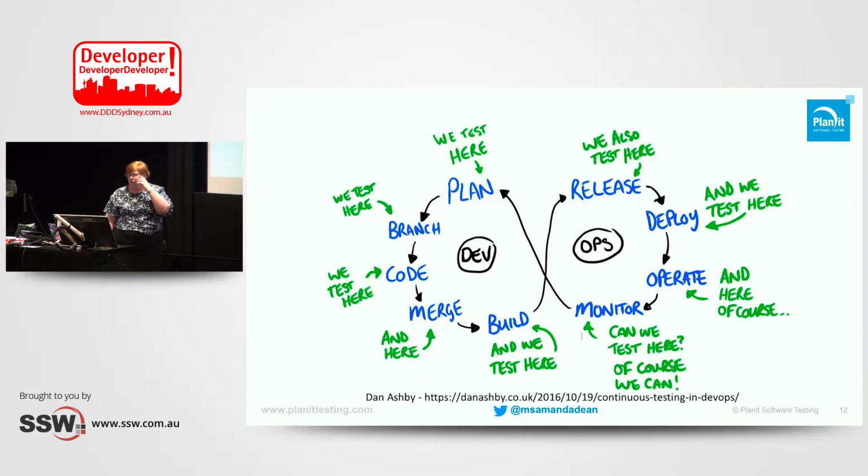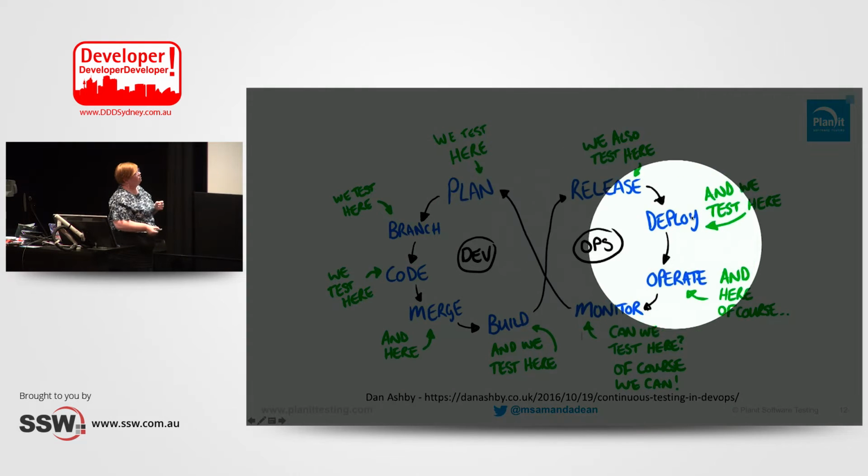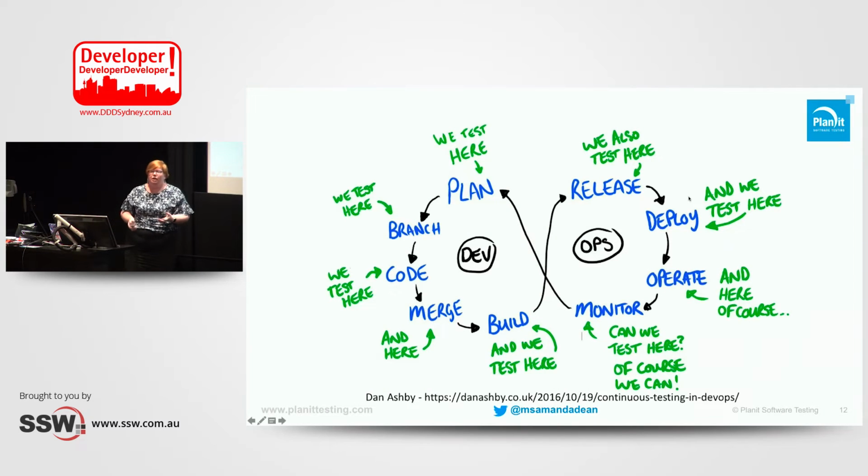So if we look at, say, our production deployments, the testing we do there will be around observability and monitoring, as well as deliberate production tests, where we try things out and make sure that the code that we've deployed was deployed correctly and that it functions the way we expect it to.